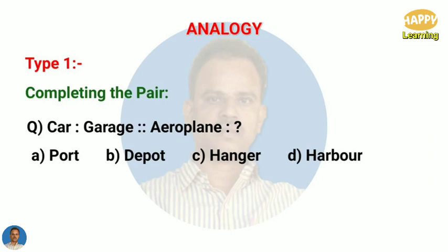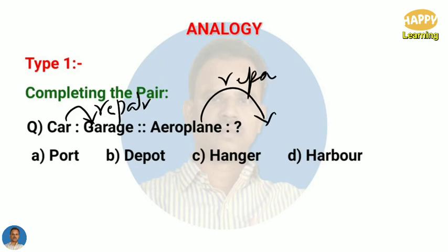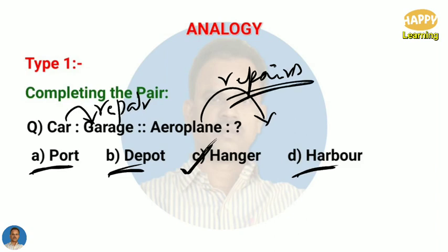Car is taken to garage for repair. Similarly, aeroplane is taken to a place for its repairs, and that place is called hangar. Port is not, depot is not the place, harbor is not the place, hangar is the place where an aeroplane is taken for its repairs. Okay, right.